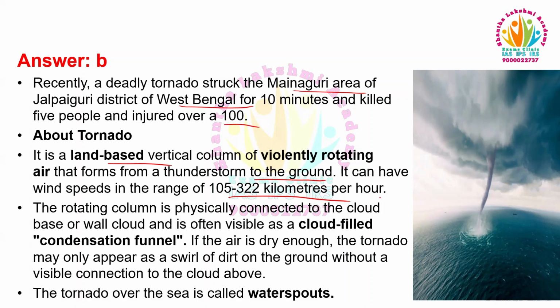The rotating column is physically connected to the cloud base or wall cloud and is often visible as a cloud-filled condensation funnel. If the air is dry enough, the tornado may only appear as a swirl of dirt on the ground without a visible connection to the cloud above. A tornado over the sea is called a waterspout.